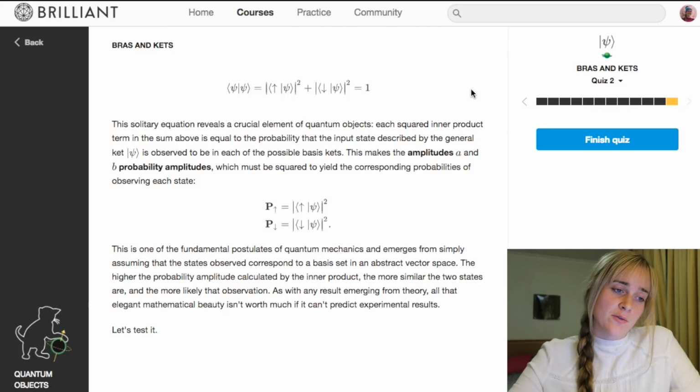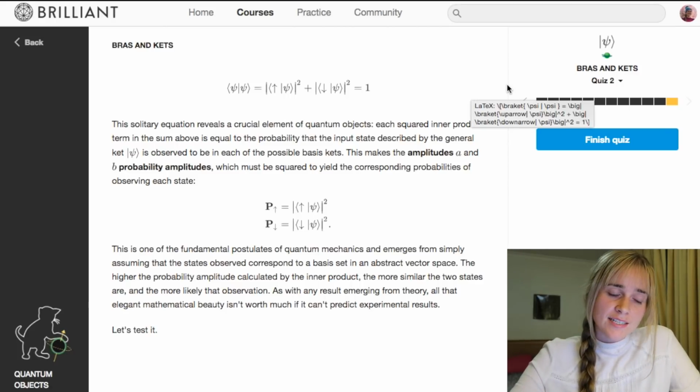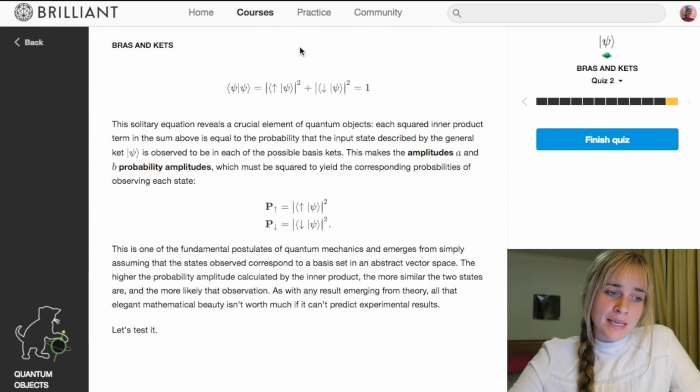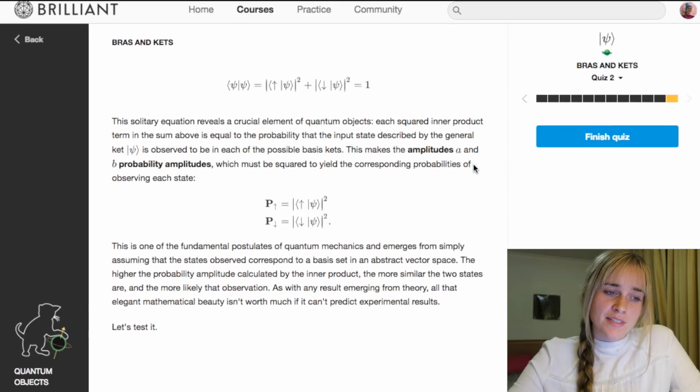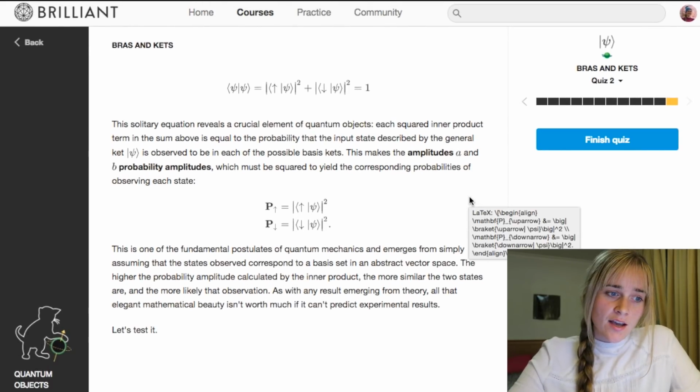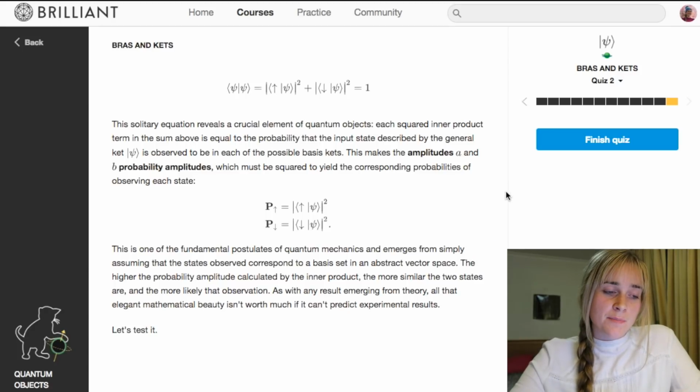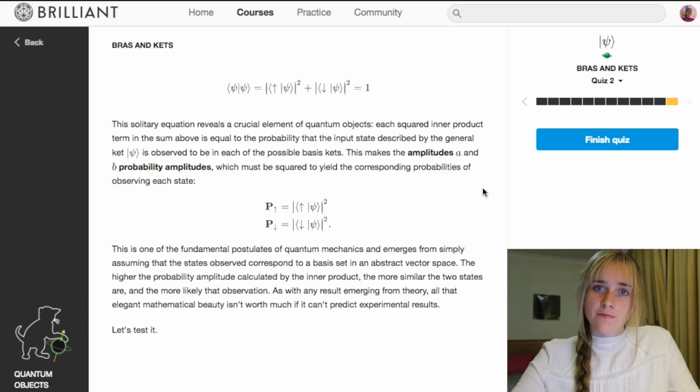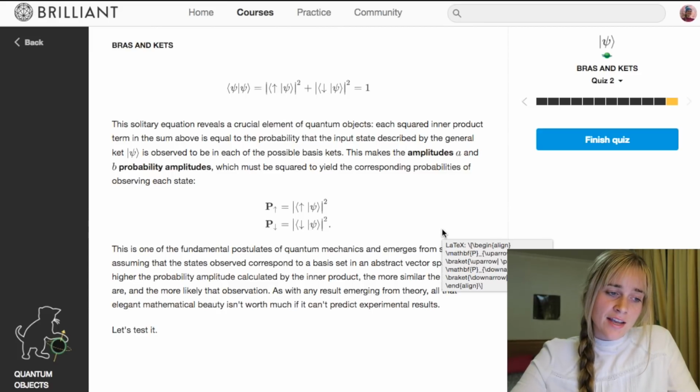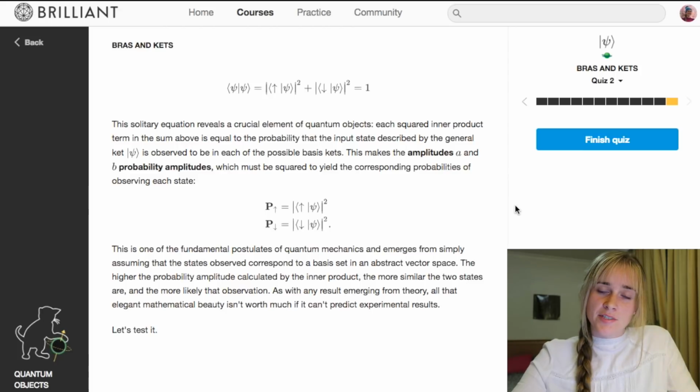So this gets pretty cool, actually. If you look at this equation here, this is what we've worked up to. And what it means is that each of these squared inner product terms gives the probability of observing each of those states. So I believe the probability of observing a spin up state is given by this value here, and this is the probability of observing the spin down state.